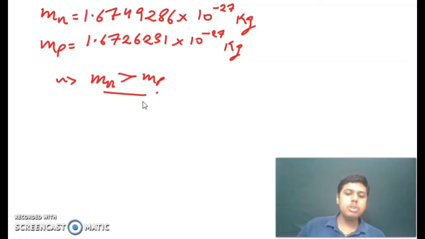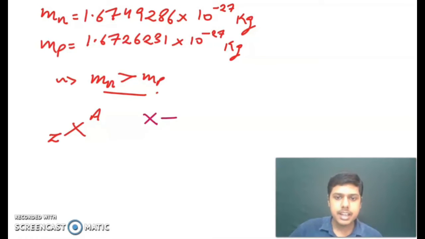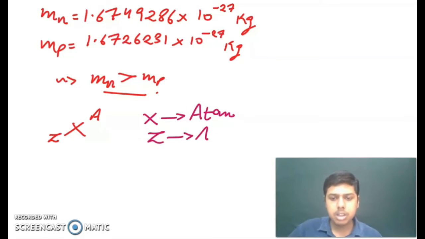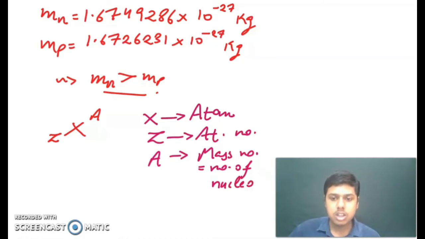So now let me tell you the representation. Let us consider this X to be an atom, Z the atomic number, and this A as the mass number. So let me also tell you that this X represents an atom, Z is the atomic number, and A is the mass number, or we can say this to be equal to the number of nucleons.